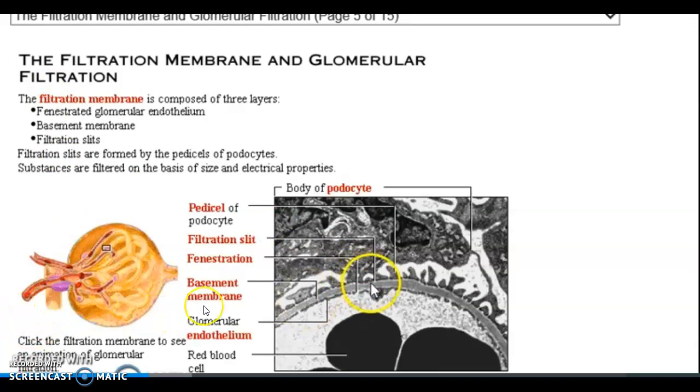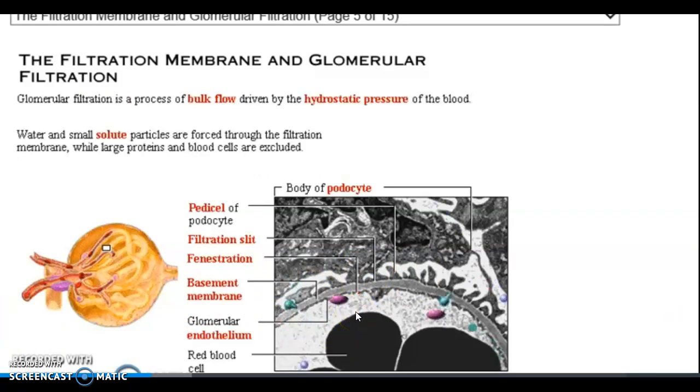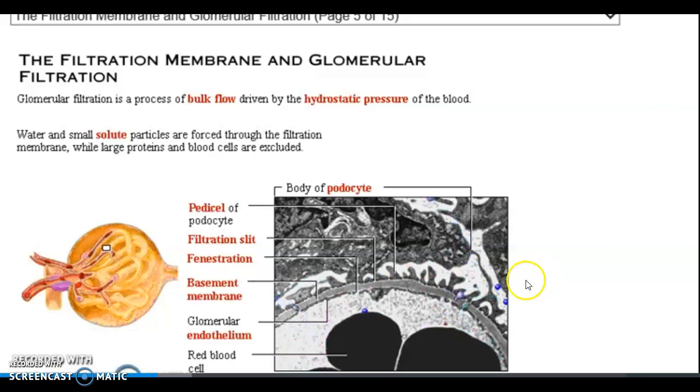Of glomerular filtration. Okay, notice now. Glomerular filtration is a process of bulk flow driven by the hydrostatic pressure of the blood. As you can see, small molecules pass rapidly through the filtration membrane, while large proteins and blood cells are kept out of the capsular space.